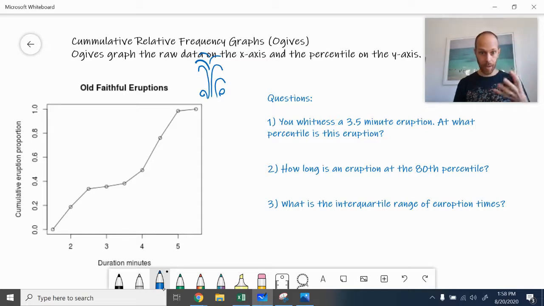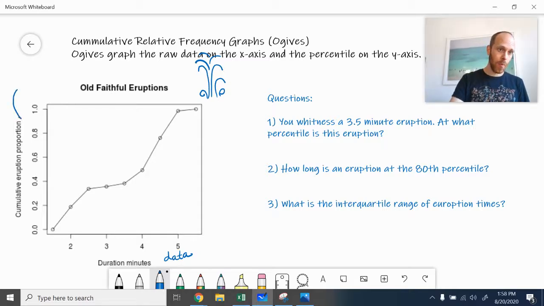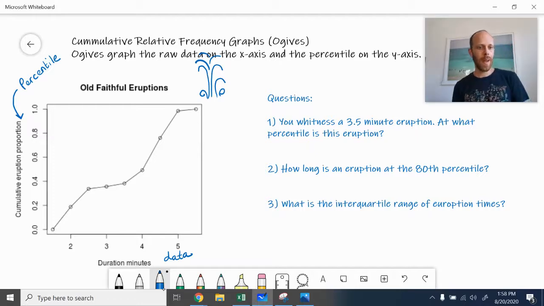Anyway, it erupts for a certain amount of time. Suppose we got a large data set, and that data is always going to be here on the x-axis. On the y-axis, what we do is we graph the percentile. So the values of the data are increasing in minutes from here until we move to here.